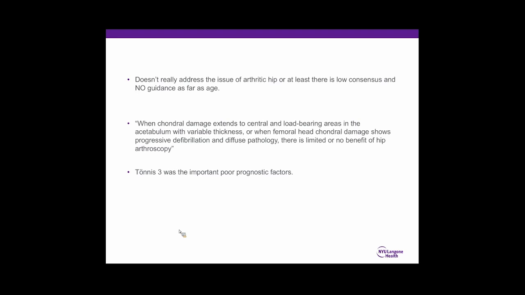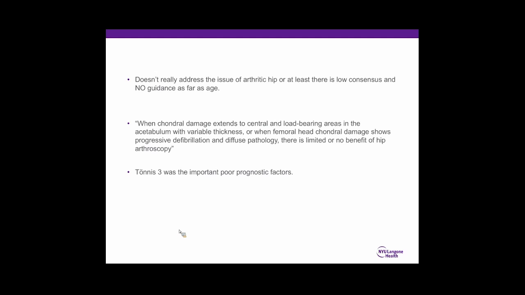The best was an 80% consensus, which stated that when chondral damage extends to central and load-bearing areas in the acetabulum with variable thickness, or when the femoral head chondral damage shows progressive defibrillation and diffuse pathology, in those cases there's limited to no benefit to hip arthroscopy.